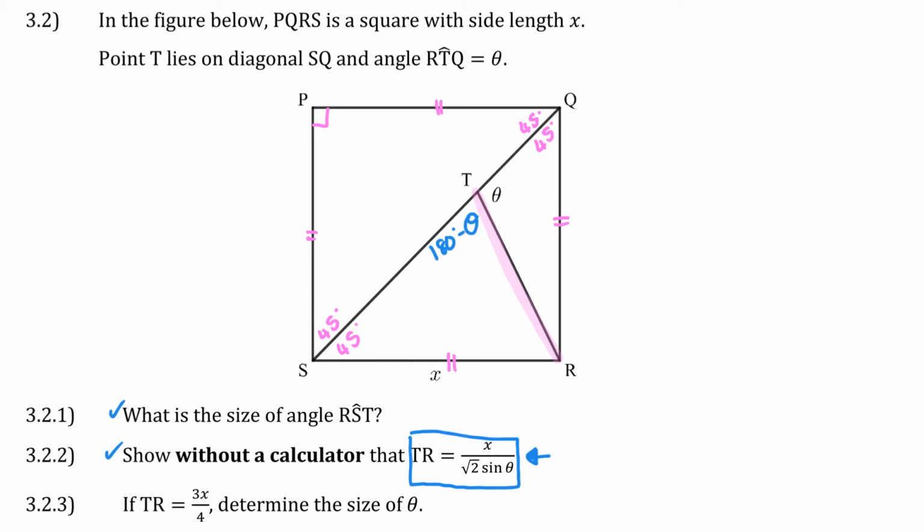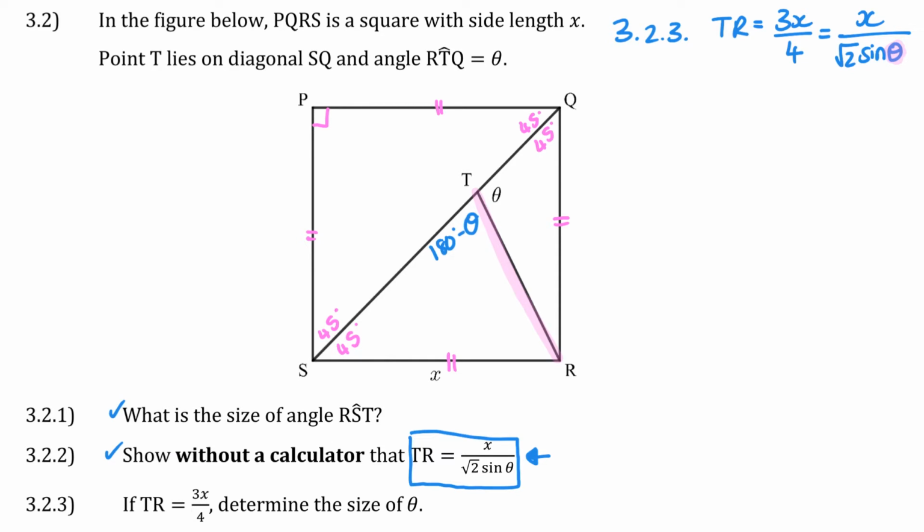So we're on 3.2.3. It tells me that TR is 3x out of 4. But in the previous question, I know that TR is x out of root 2 sine theta. Now I want to find the size of theta, so I'm solving for theta.